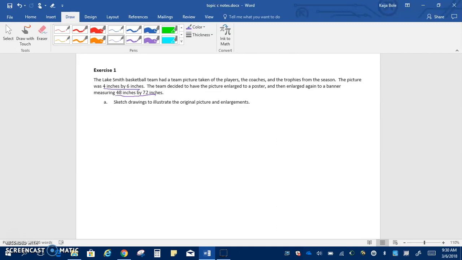So first it says just to sketch drawings. So first we have just our picture, which is our smallest one. So label this picture, and this was 4 by 6. Then they enlarged it to be a poster. We don't know the dimensions of that one yet though, but you can just label it as poster.